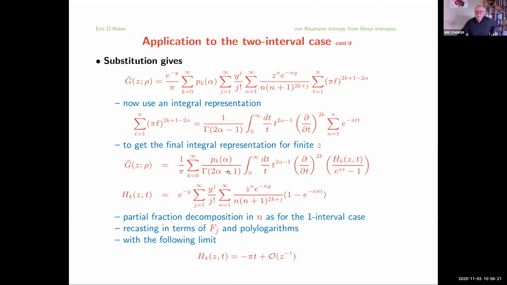Now, I have to say immediately that while the original summation formula was nicely convergent in k, here this limit introduces a non-uniformity in k. So while here you had many negative powers of k in n, this is no longer true here. And this fact will come back to haunt us in a few minutes.